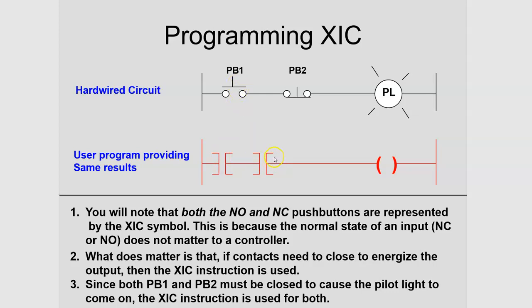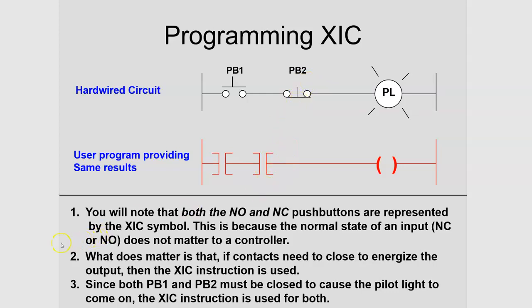If you say, all right, PB2 is normally closed, so I'm going to put a normally closed contact there, then remember the examine if open, that's what that represents, it's going to see a 0 if that's a closed switch. If it sees a 1, it's going to be a 0. It wants to see an open switch, and so it wouldn't work correctly.